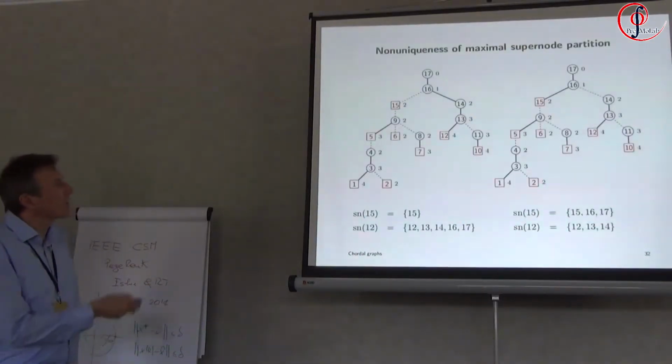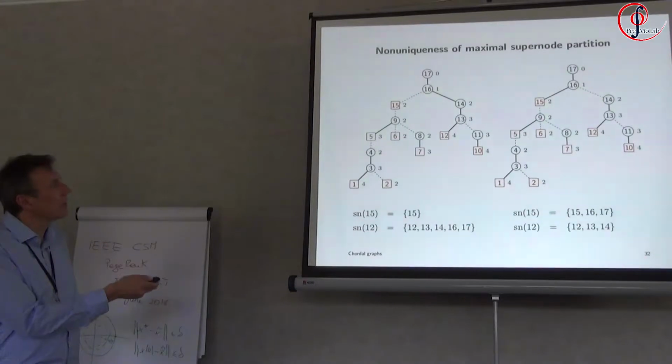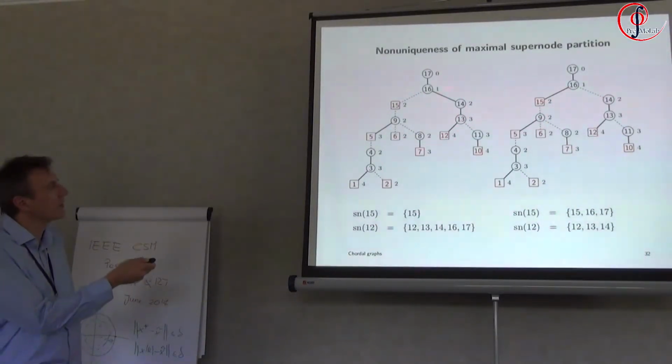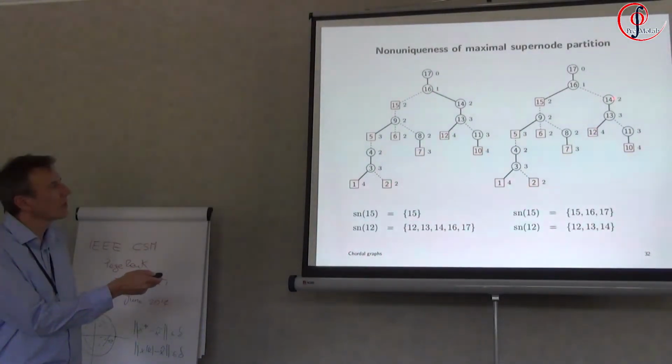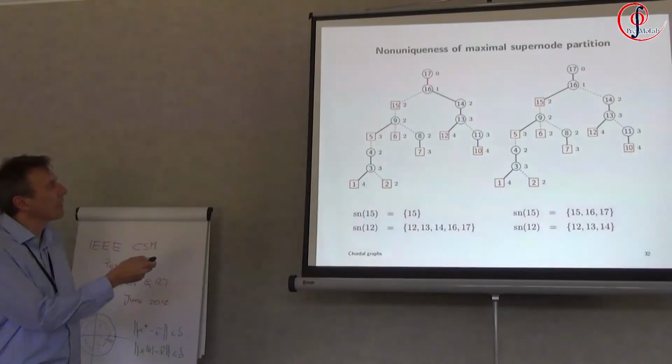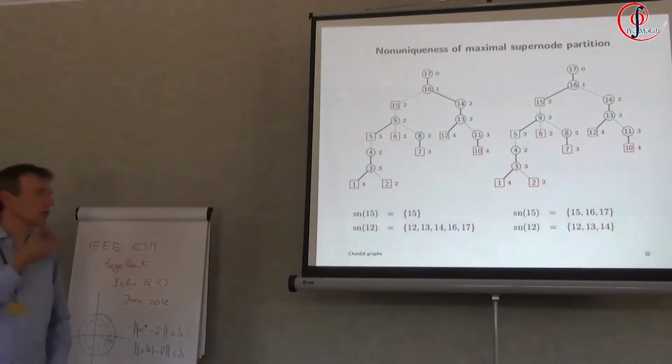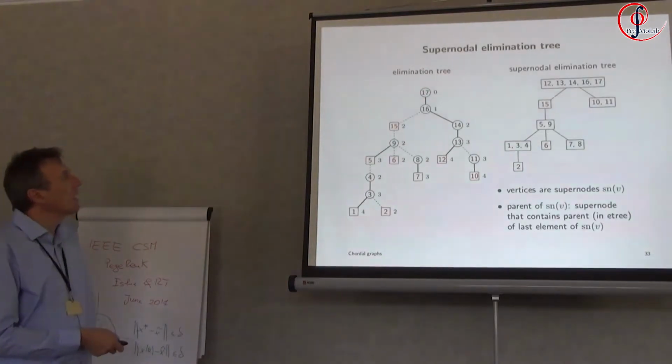It's not unique. For example, for the same graph, these are two different ways of finding a supernode partition. Here you can start from 12 and take this path as a supernode, or you can stop at this point and add the rest of the path to the supernode with representative 15. So it's not unique, but it exists.